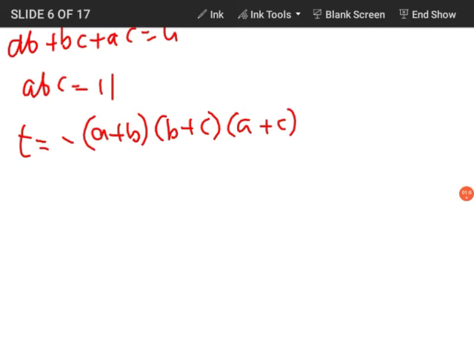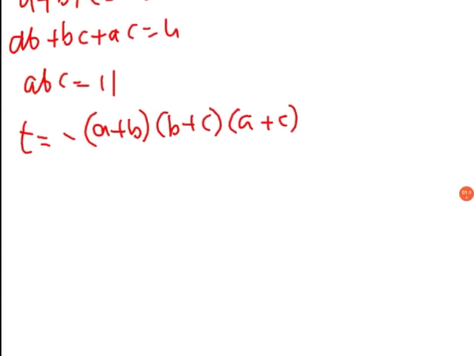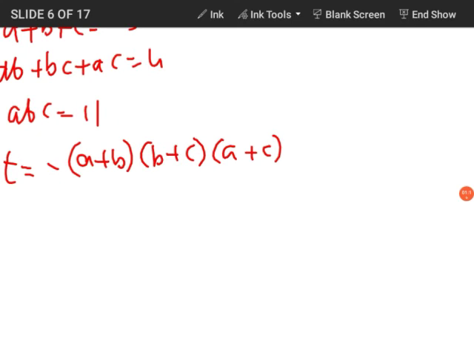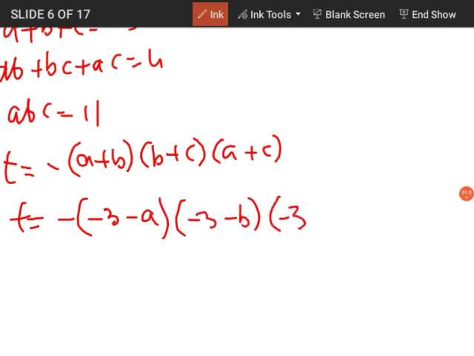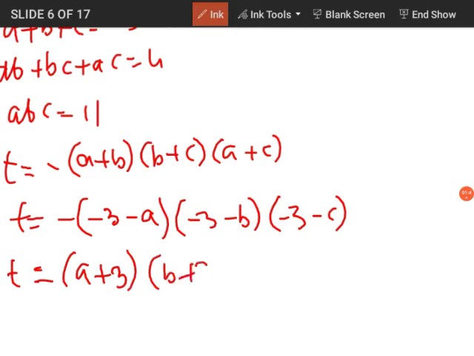Now what you have to do is, see, from here a plus b plus c is minus 3. So what we can say is t is equal to minus of minus 3 minus a multiplied by minus 3 minus b multiplied by minus 3 minus c, correct? Now if you multiply it out, it will be a plus 3 multiplied by b plus 3 multiplied by c plus 3, correct?